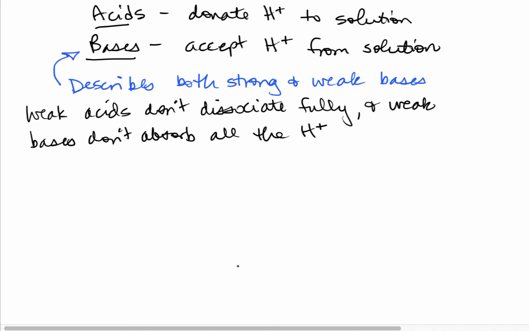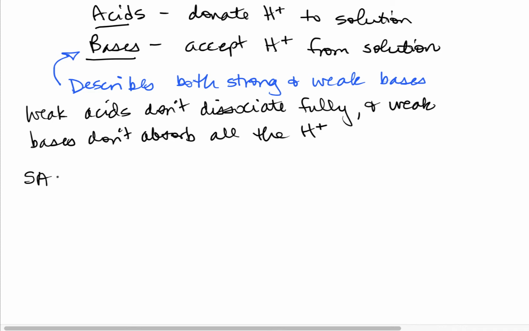So if we think about what that means, if we think about a system where we are not fully having a reaction go forward or in the reverse direction, this might start to make you think about equilibrium reactions, and I hope it does, because this is exactly what's going on.